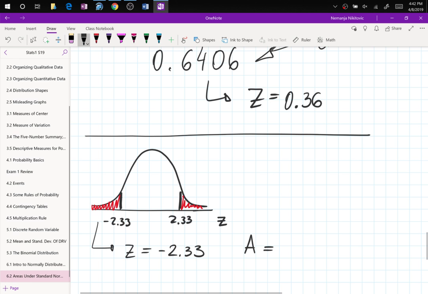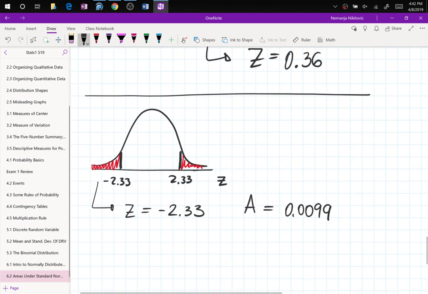What do you guys have? I got 0.0099. Are we good? All right. So now, that's only one. So now area we are looking for is 2 times this.